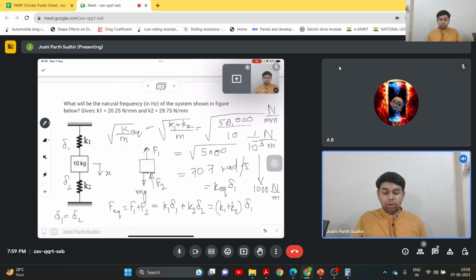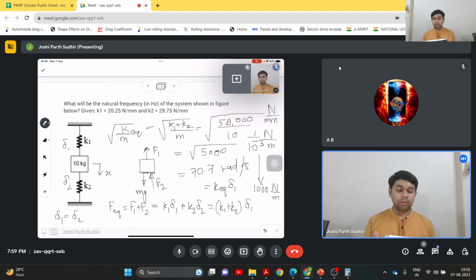We are not converting weight. The mass is 10 kg, already given. The square root of the ratio K by M gives us the angular frequency in radians per second. Okay, sir. Is that okay? Yes, sir.